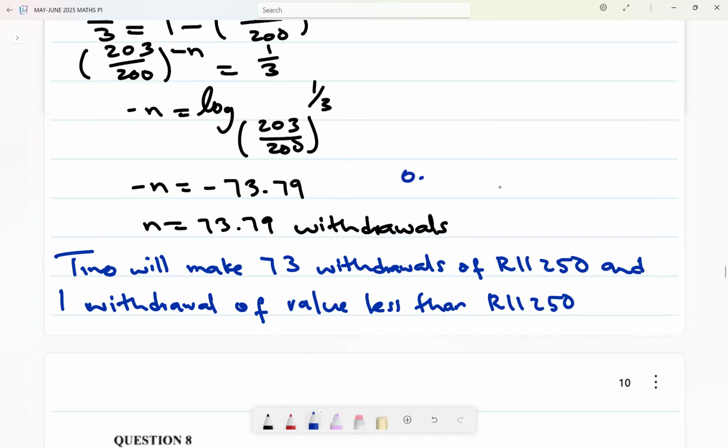This 0.79 is the last payment, and the last payment will be less than the actual payment because it needs to be a full quarter for you to get 11,250. But in this case, it is 0.79. So what's important is that Tino will make 73 withdrawals of 11,250. This one is just me explaining to you. Okay. Move on.